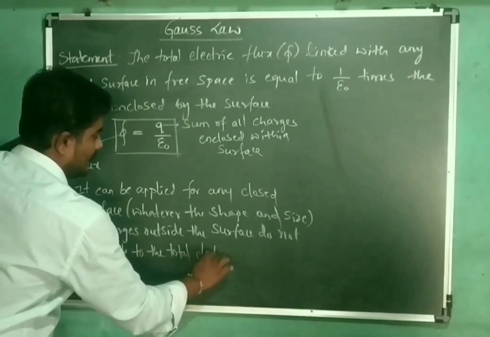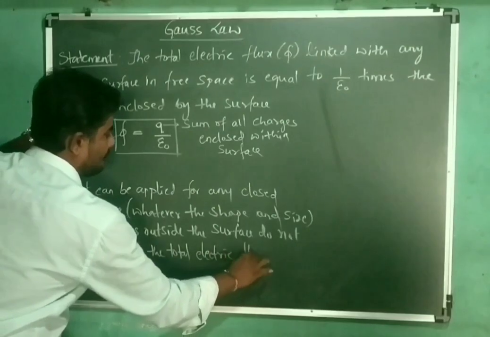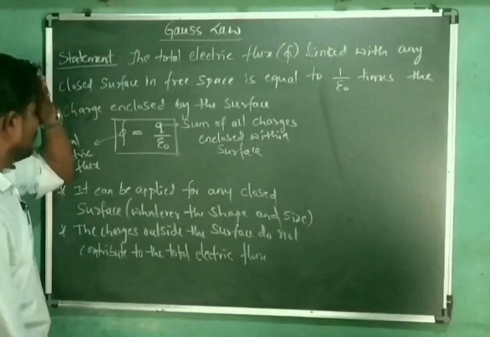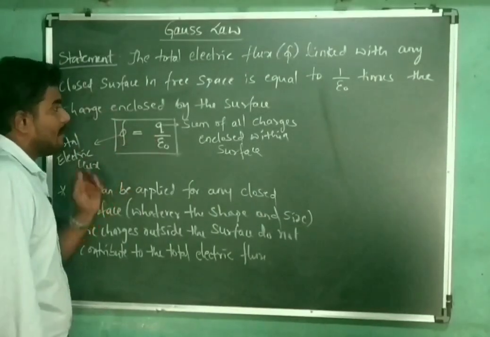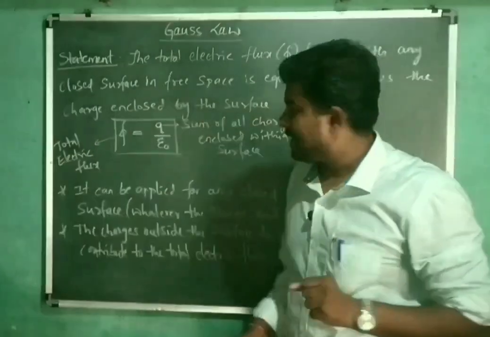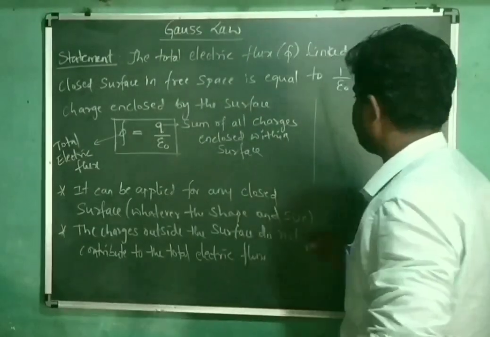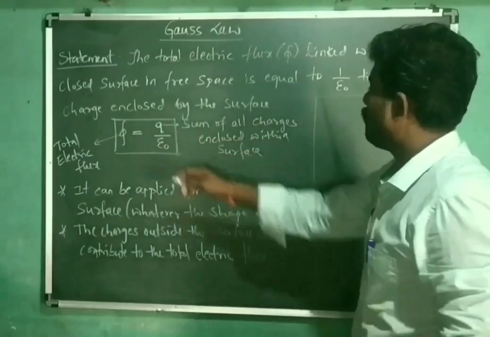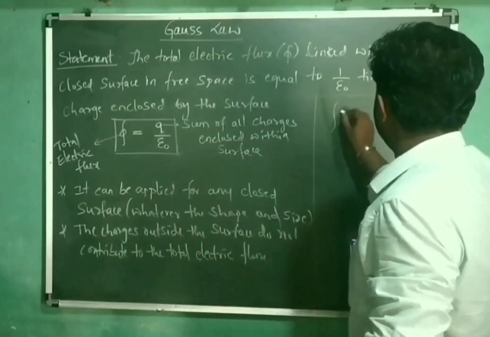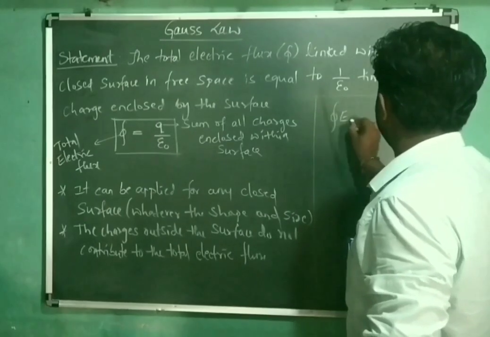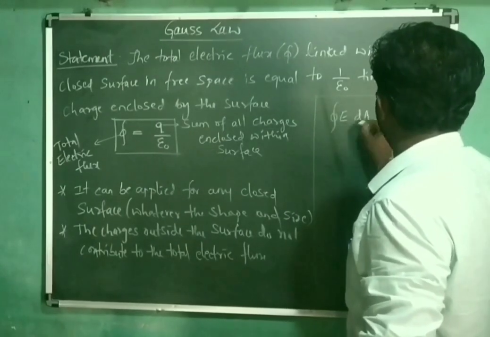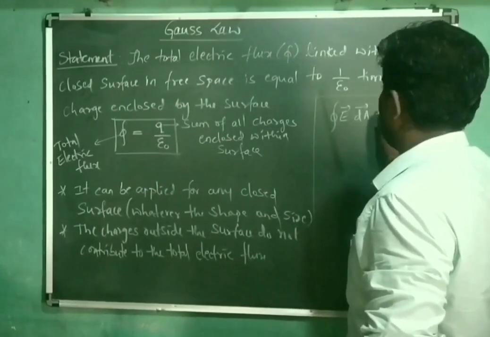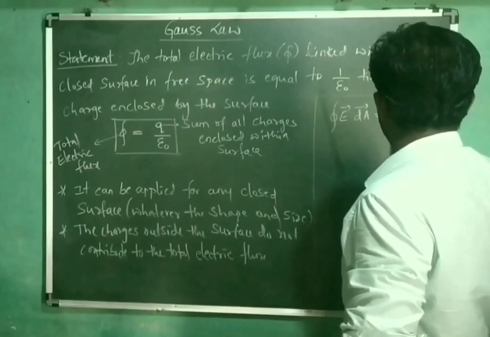And see here, pi is equal to q divided by epsilon naught, and I can write it as pi. Pi is what? Flux, and flux we know, closed integral E into dA is equal to q divided by epsilon naught.